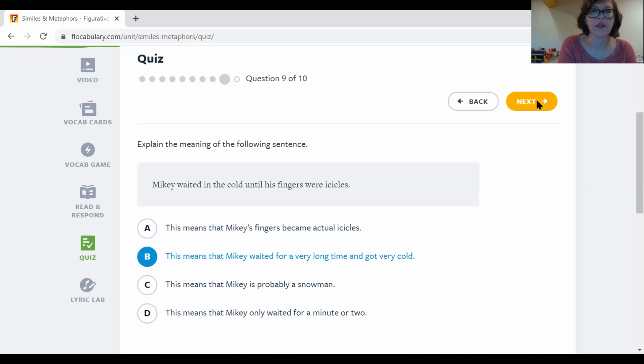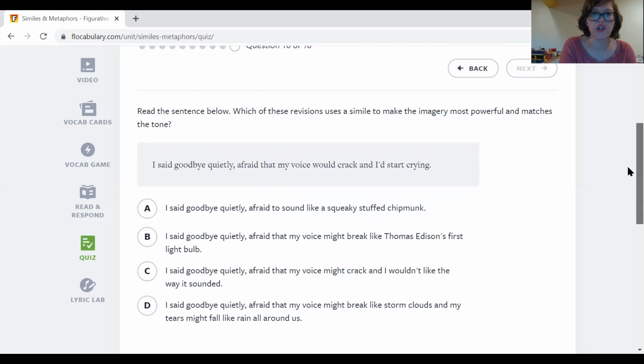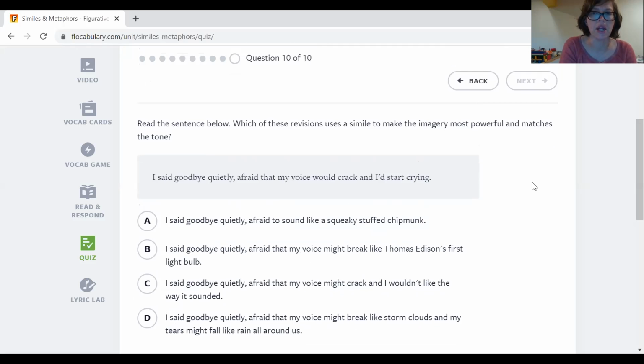All right, and the last one, number 10, read the sentence below. Which of these revisions uses a simile to make the imagery more powerful and matches the tone? I said goodbye quietly, afraid that my voice would crack and I'd start crying. A, I said goodbye quietly, afraid to sound like a squeaky stuffed chipmunk.